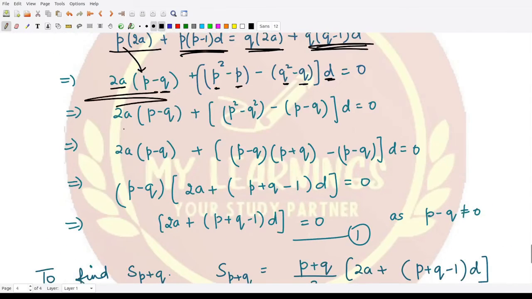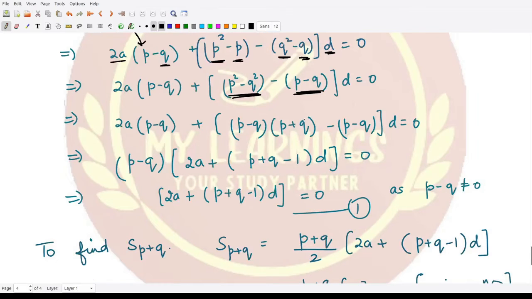So this term is as such, no change here. Now here you can write p square minus q square together, and you can take minus common and write p minus q, right? There is no issue. Now you can apply the identity that a square minus b square is equal to (a plus b)(a minus b). So using this, we may write p square minus q square as (p minus q) and (p plus q), right?